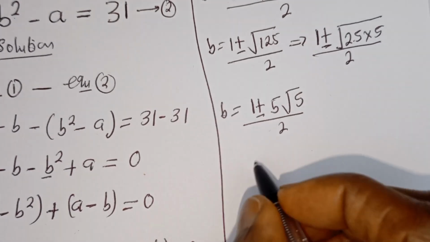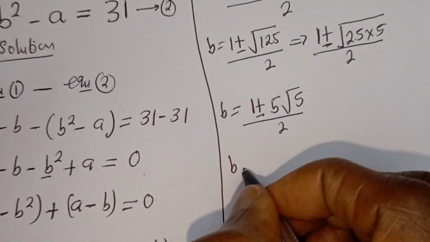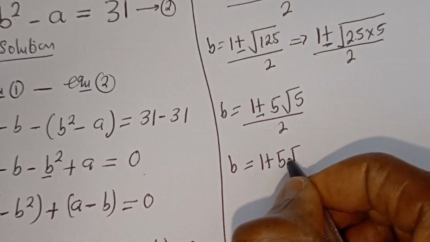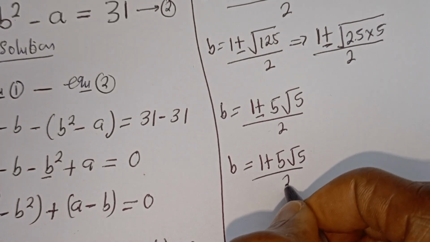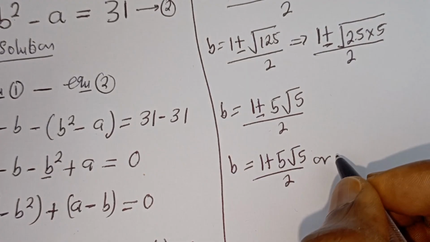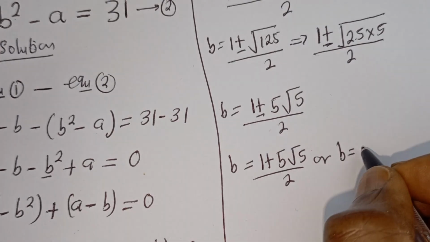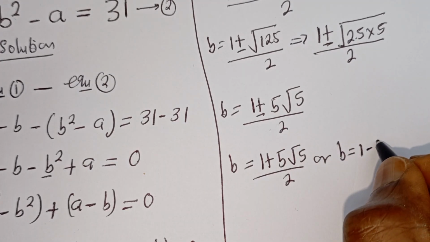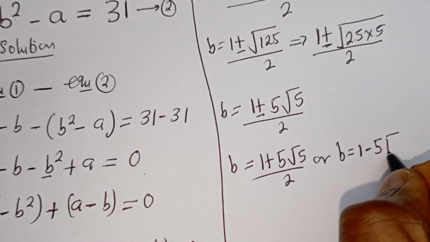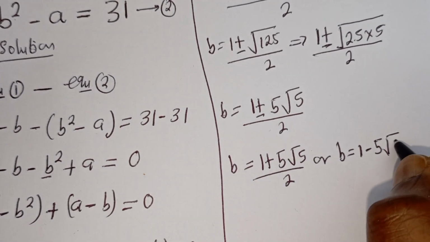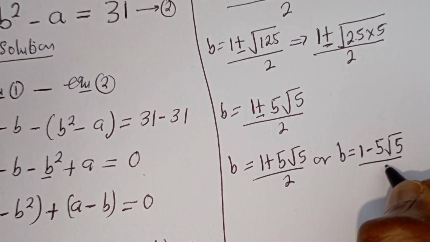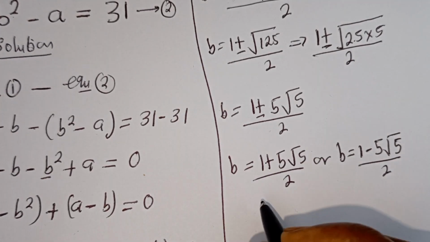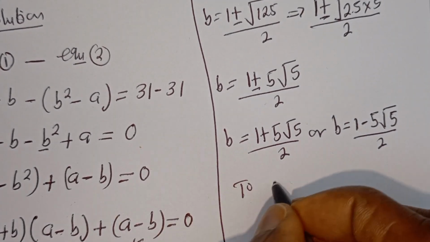Therefore, let's say b is equal to 1 plus 5 root 5 over 2, or b is equal to 1 minus 5 root 5 over 2. We've gotten the value of b. Now let's solve for a.